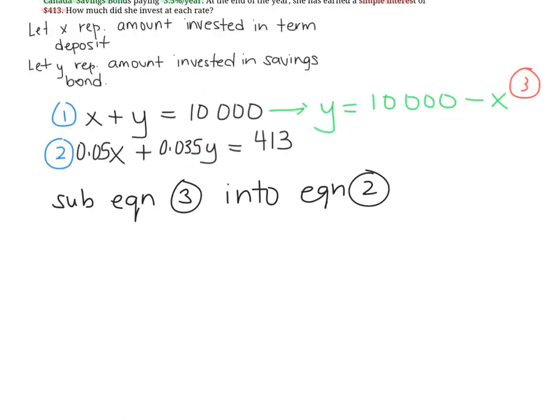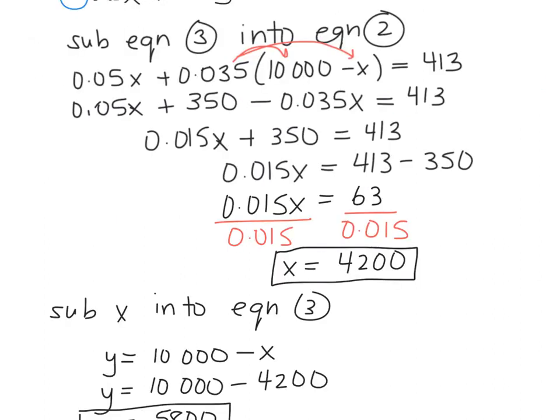Now I'm going to solve for my missing variables by subbing equation 3 into equation number 2. If you're ready, you can pause the video, work out your own solution for both x and y, and when you're done, you can come back and check your final answer. So here's the full solution for the x variable. I substituted equation 3 into equation number 2.